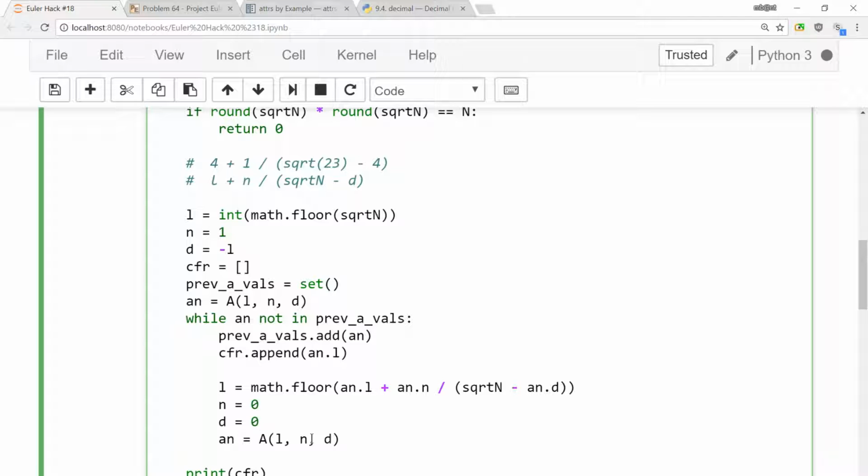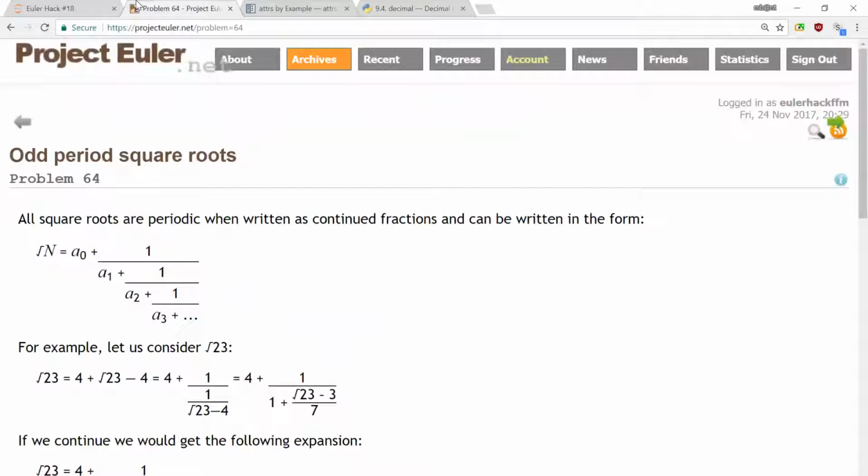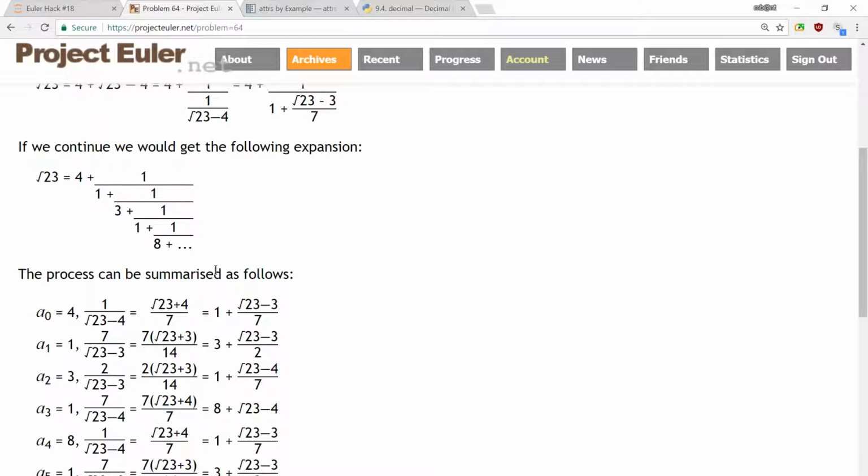So this is n sub 1, is this what you mean? Right. Yes. And this is n sub 2.